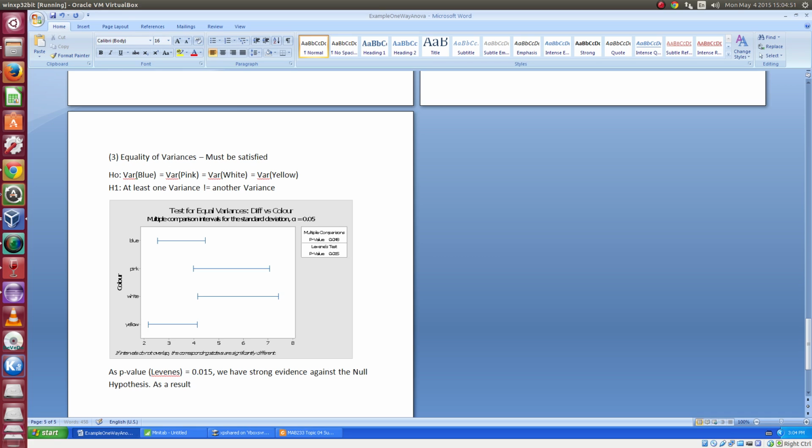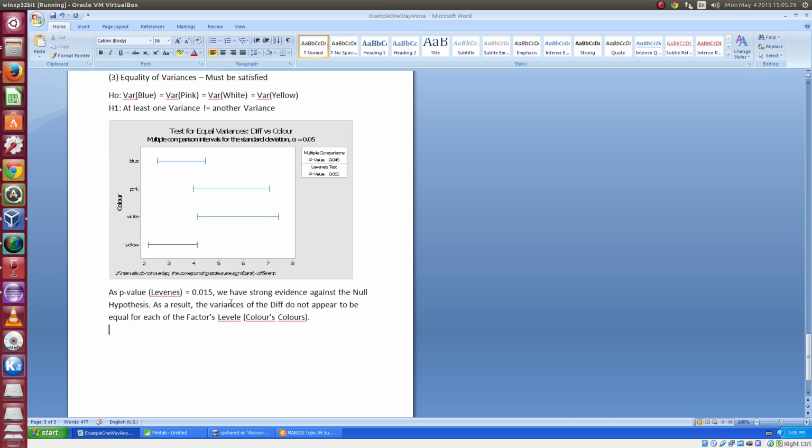As a result, maybe we should write it this way: the variances of the diff do not appear to be equal for each of the factor levels, or that could be written as each of the colors.